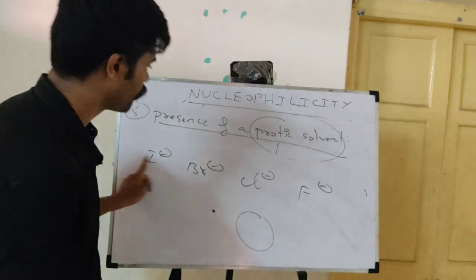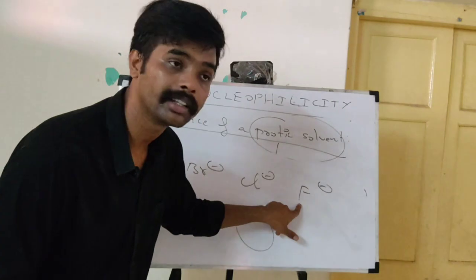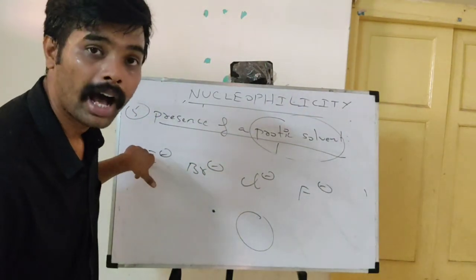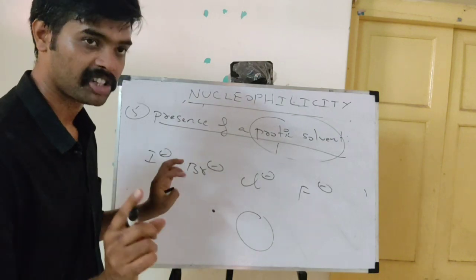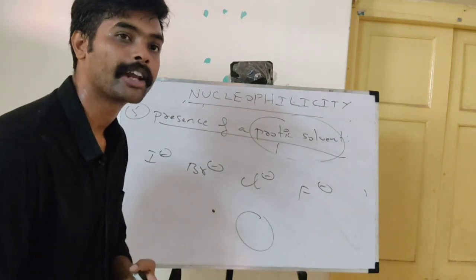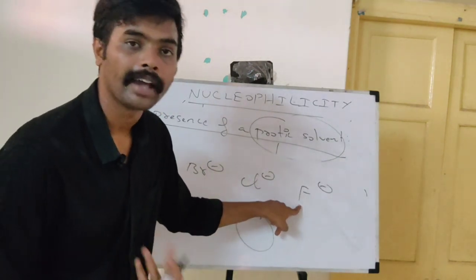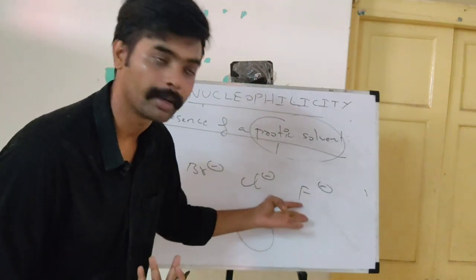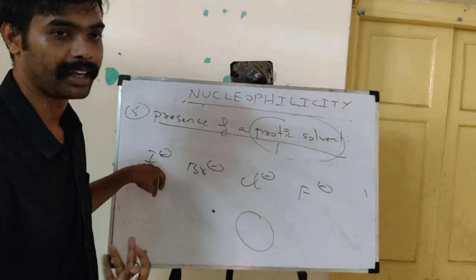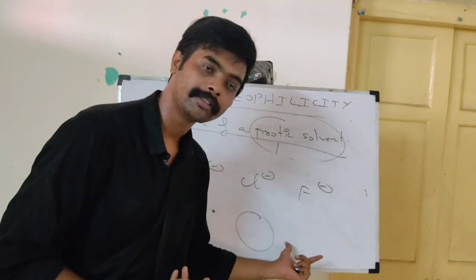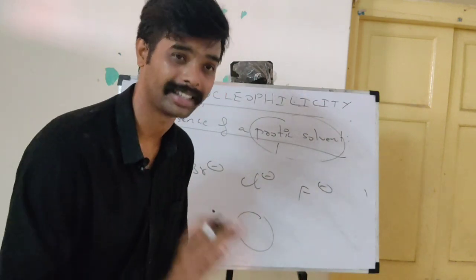Keeping that in mind, we obviously know that the smallest of all the anions is F minus, and the biggest of all the anions here is I minus. So now the first question is, where can I have the hydrogen bonding to be maximum? Definitely in the case of F minus. And where can I have the hydrogen bonding to be minimum? Definitely in the case of I minus. And as I already told you, if the extent of hydrogen bonding is higher, the nucleophilicity is lesser.